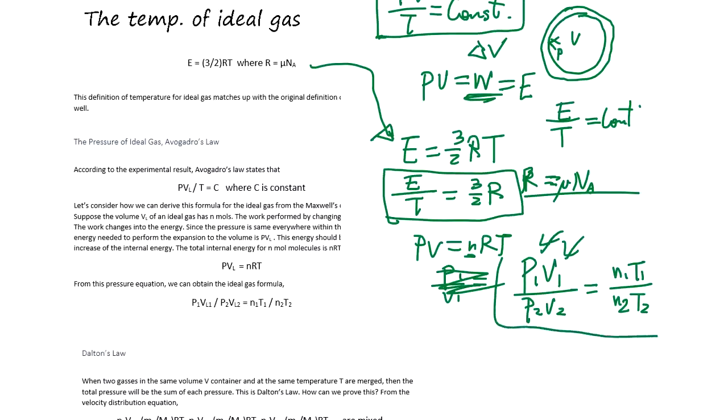This is Avogadro's law. Using this law, we measure the temperature, and this temperature matches up very well with the definition from the statistical model.